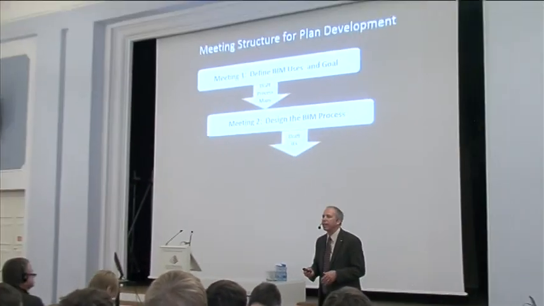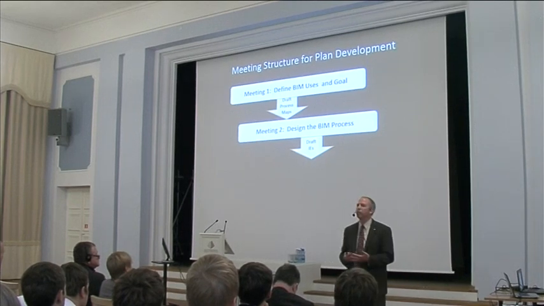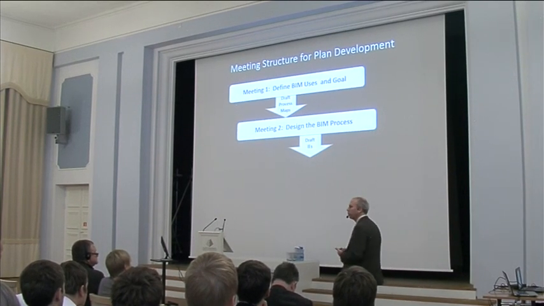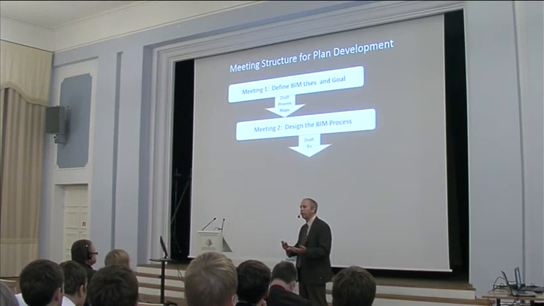Taking away from that is usually the list of the BIM uses. And then the project team can create a process map for that and then design the overarching BIM process. And that second meeting where you're designing the BIM process usually comes down to more the management level employees who are really looking at designing a process that will work for them.